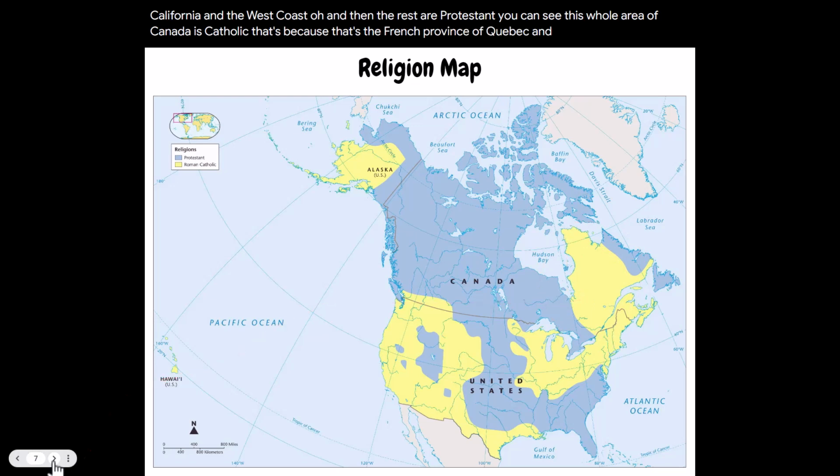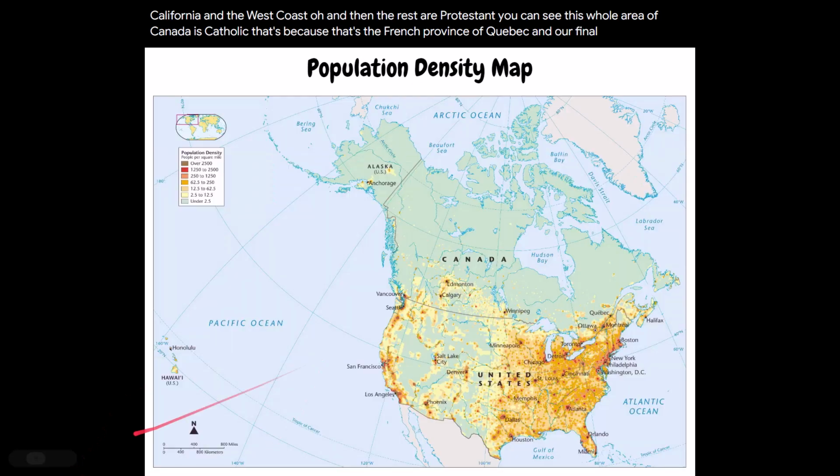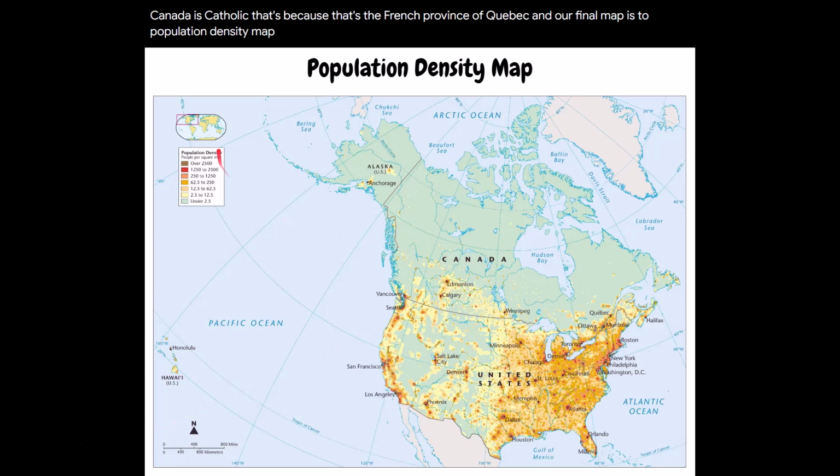And our final map is the population density map. So again, we look at the key. We start with under 2.5 people per square mile. That means there's very few people in that area.